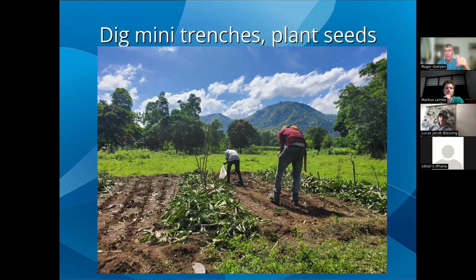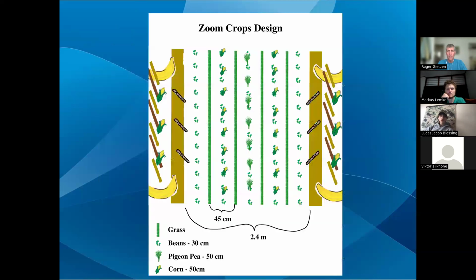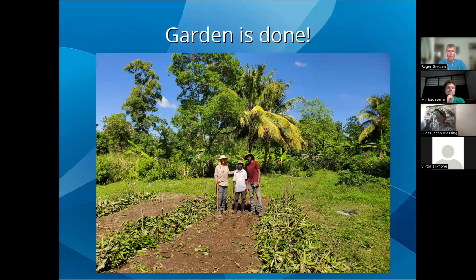And then we also planted some corn and beans in between the lines of Mombasa for an early harvest. And this is more or less the pattern we would have used in that last image. And so this is the typical sequence of work that we would do in a planting.